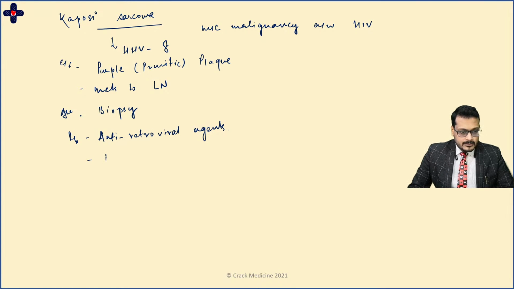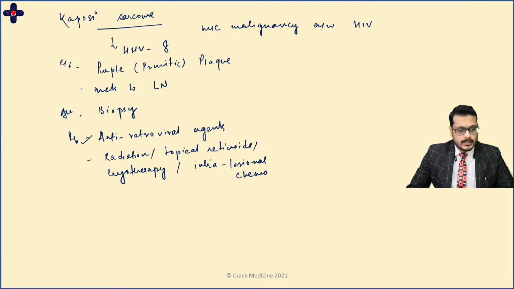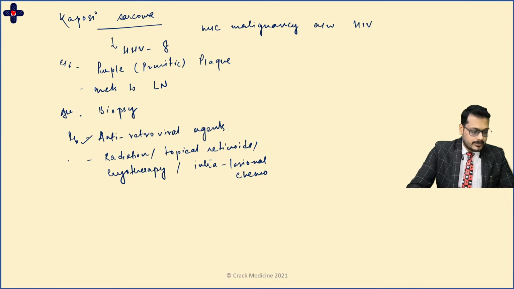And specifically, if you want to talk about Kaposi, then you can also have radiation and intralesional chemotherapies. You have topical retinoids, cryotherapy. Okay, so these are the options. But the first answer will always be starting antiretroviral agents. Okay.